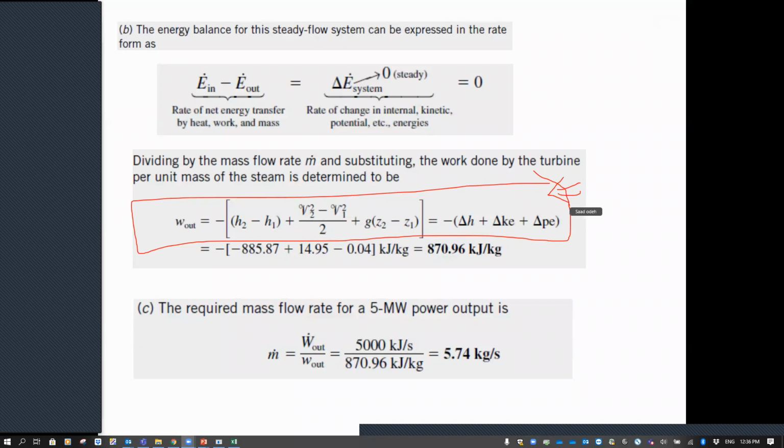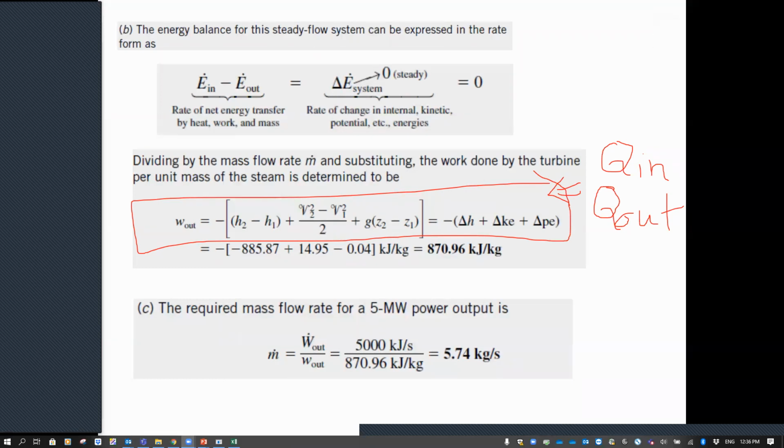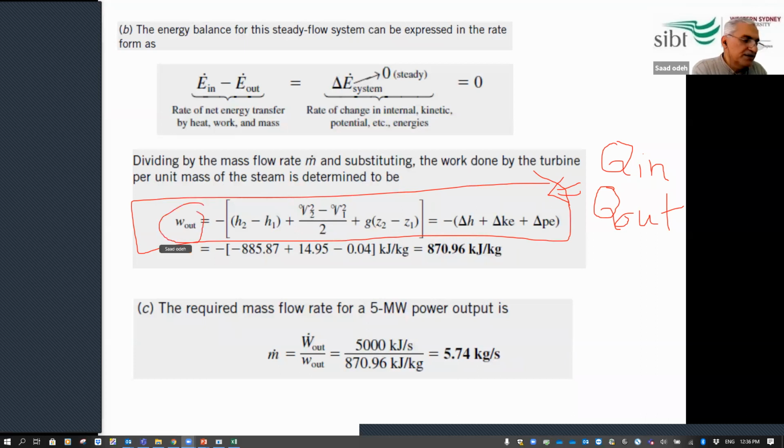From the heat transfer, sir? Yeah, correct. I have removed the Q in because there is no Q transfer to the steam turbine, and there is no Q out leaving the turbine. And also, what else? There is one thing else. Row density? No, we have here W in. Yeah, correct.